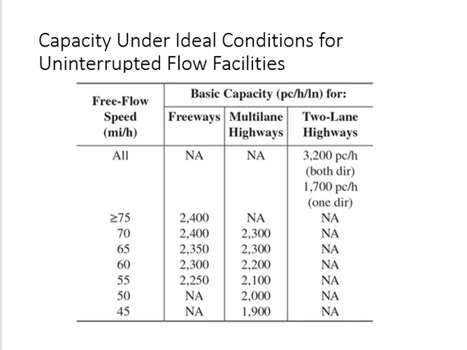So if this lane reaches 1700, the other lane will never reach the same value. That's why you see a difference of 200 here. If both of them were 1700, it would be 3400. But only one will be 1700, the other one will be 1500. This is how you get 3200.